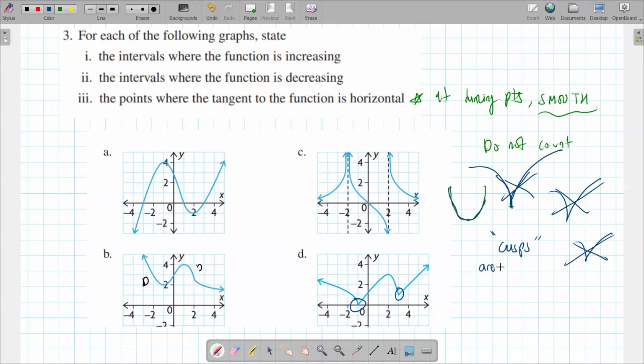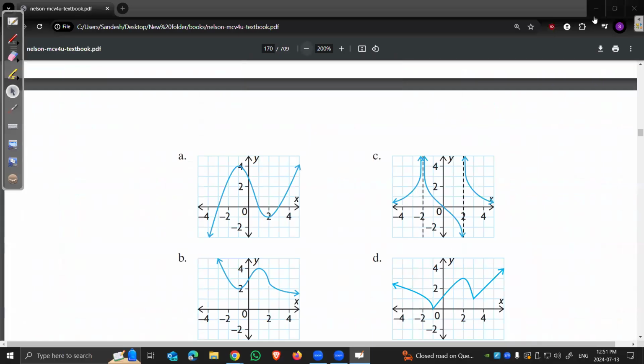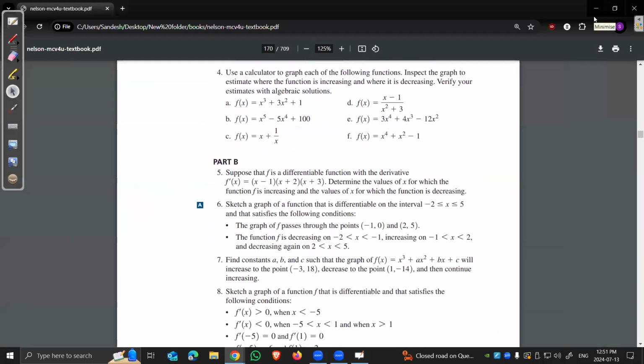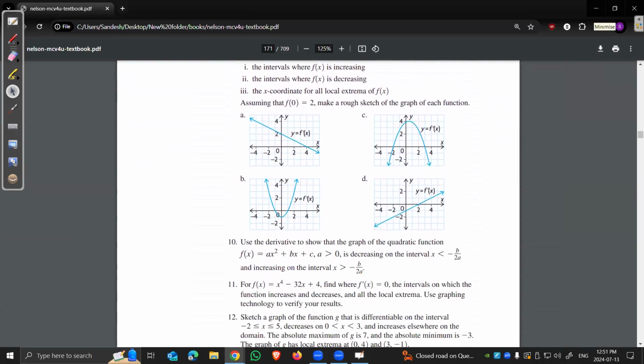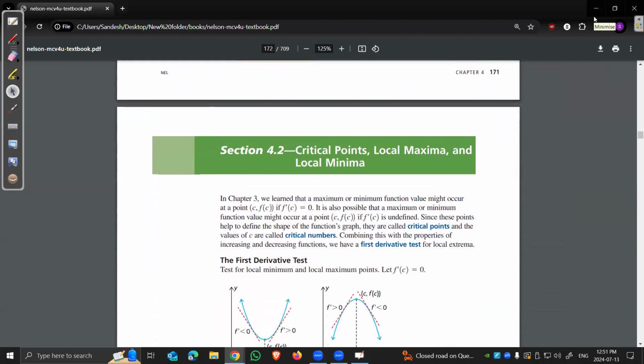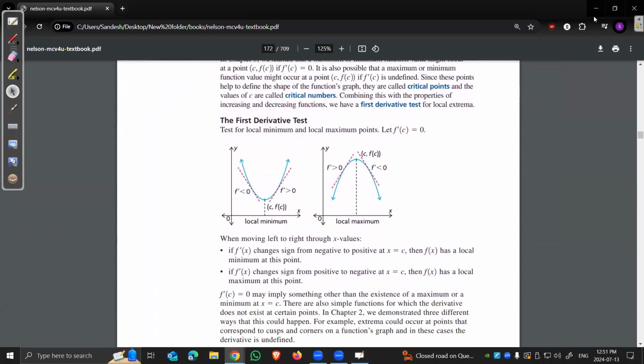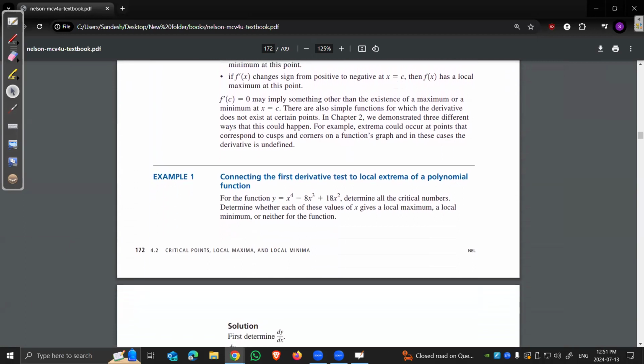Cusps are not where the tangent line is horizontal, where the slope will be 0. The slope here and here won't be 0, okay? Only at turning points of a curve will it be 0, not at these pointy ends. All right, let's move on from here. Local maxima, local minimum, we've already kind of done it.